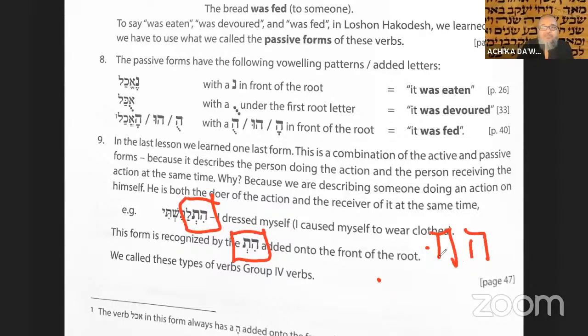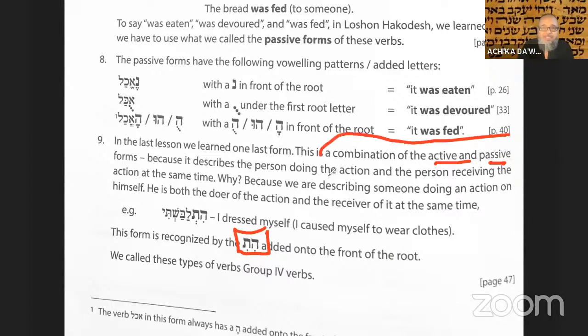That's a symbol of saying that I've done something on myself. Someone doing an action on himself. And it's not only himself, it could be herself or themselves. So anytime you see this symbol, you'll know that it's a reflexive, meaning it can be an active and passive at the same time.